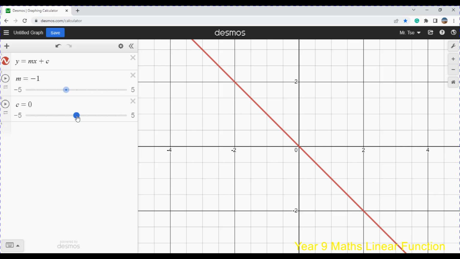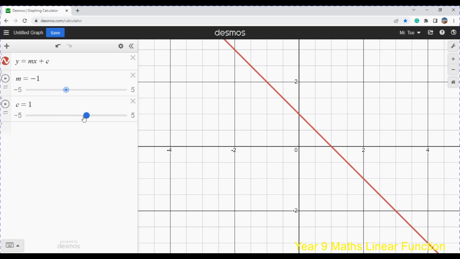Okay, so how about if I change the value of c? I've told you that c controls the what? The y-intercept. Right now c is 0, but if I change c into 1, what will happen?